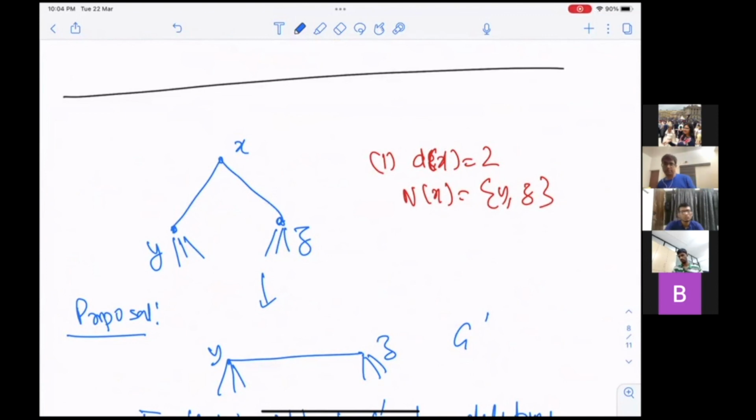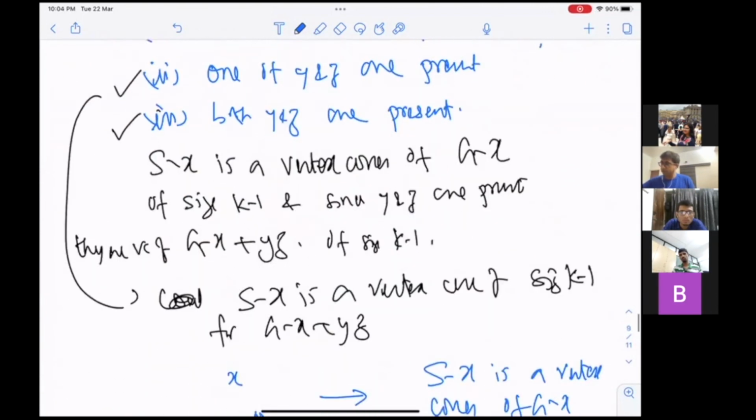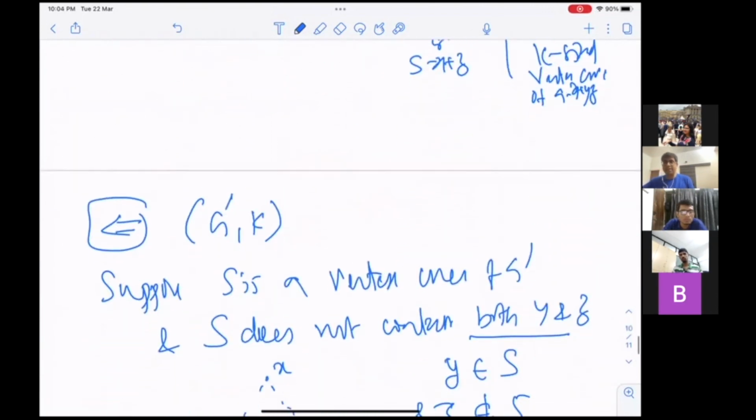You're still good. But the reverse direction does not.